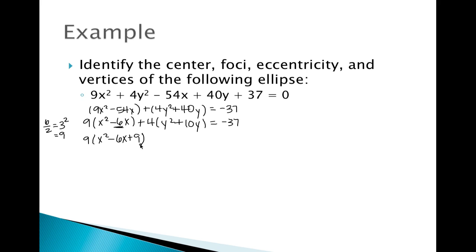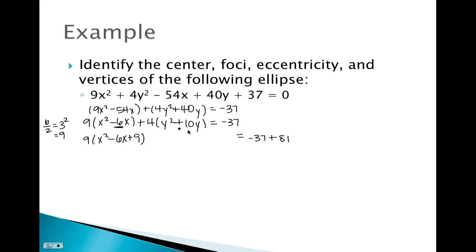But remember, we can't just add a random 9. We have to account for that 9, and that 9 is actually going to be 9 times this coefficient, so 81. So over here, we're going to add an 81 to the other side of the equation.